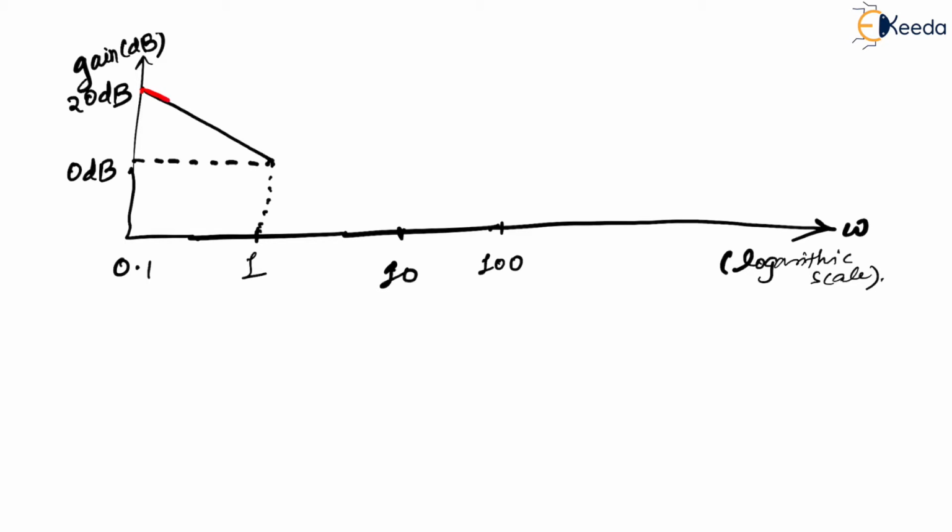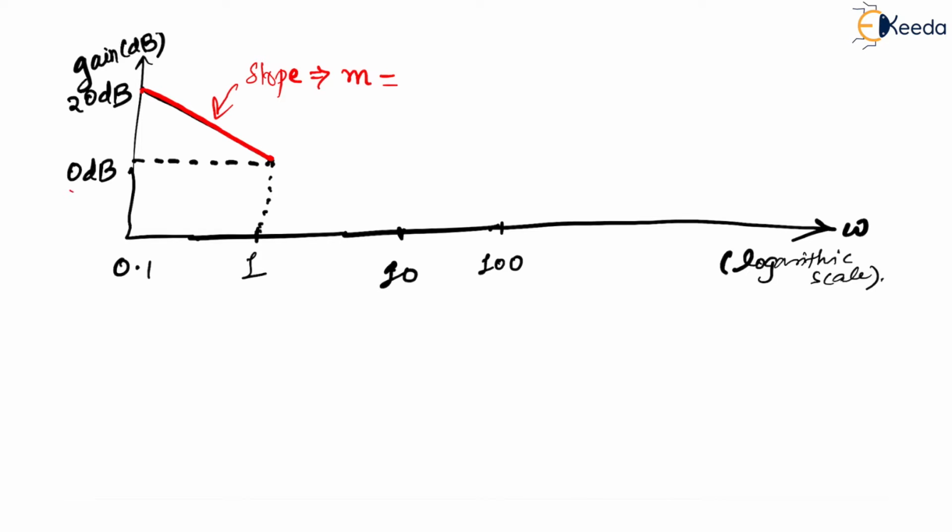Now I would ask you to find slopes of these plots. I have this particular plot, and I am interested in its slope. Let us say it has slope m. Generally, the slope is the change in y upon change in x.